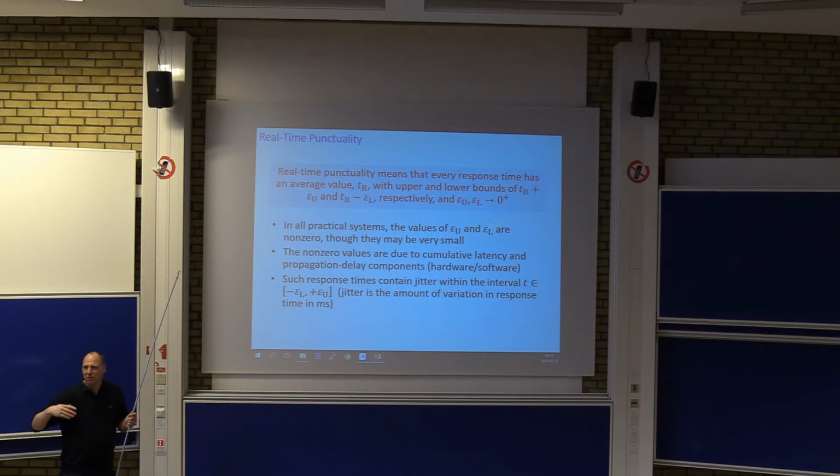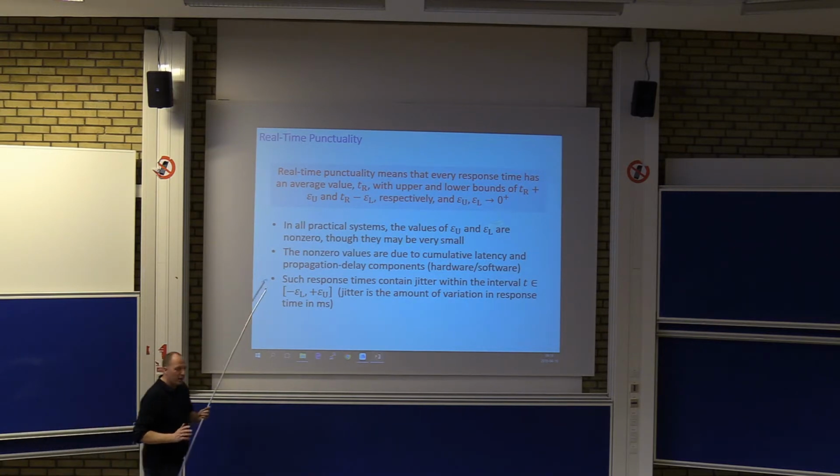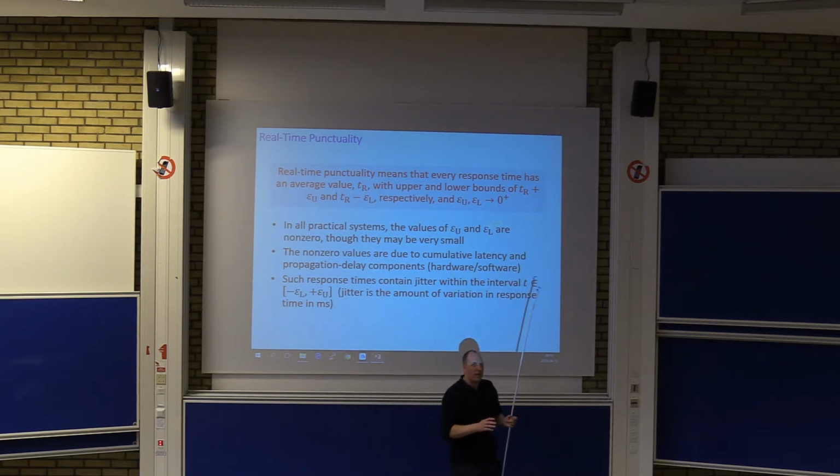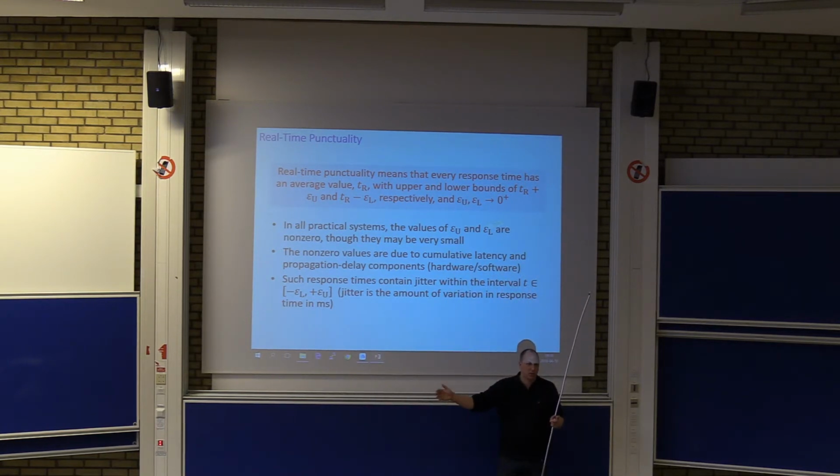The response time varies for the different sampling times of the controller, for example. One reason why the response time can vary is that you may have several different control tasks executing in parallel with different priorities, a high priority process and a low priority process.